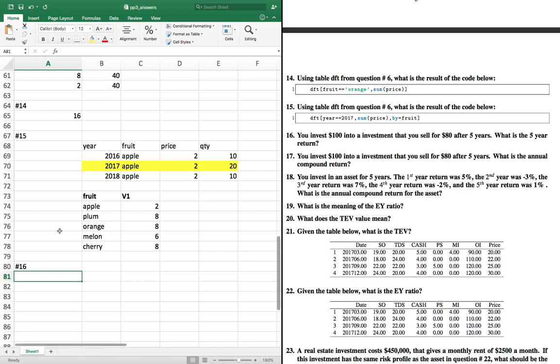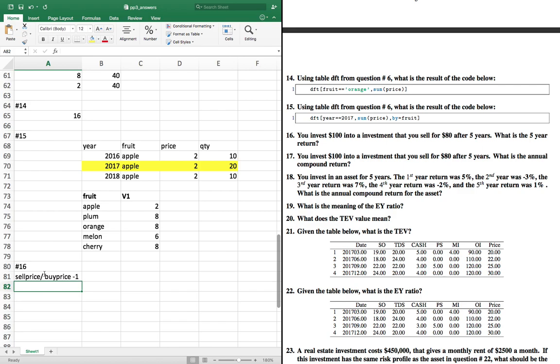So what's the formula? You guys remember what the formula is? It's basically your sell price divided by your buy price minus 1. That's the equation for a simple return. In this case, I spent $100 on an investment and I sold it for $80 after 5 years.